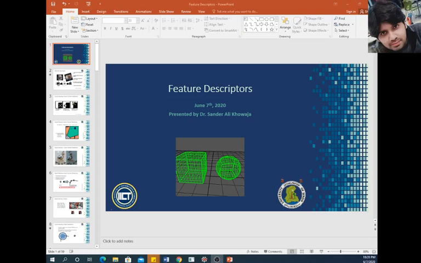If it has a single peak, then it will be easier to detect the same patch in another image, so that we can perform the operations which are necessary for that particular application. So let's start the lecture.